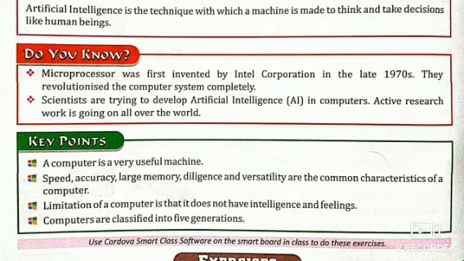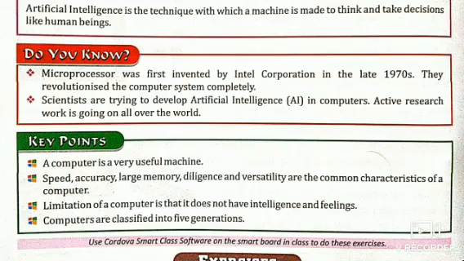Computers work very fast, have large memory, solve more problems, and heat up slowly. Scientists are trying to develop artificial intelligence in computers. Active research work is going on all over the world.